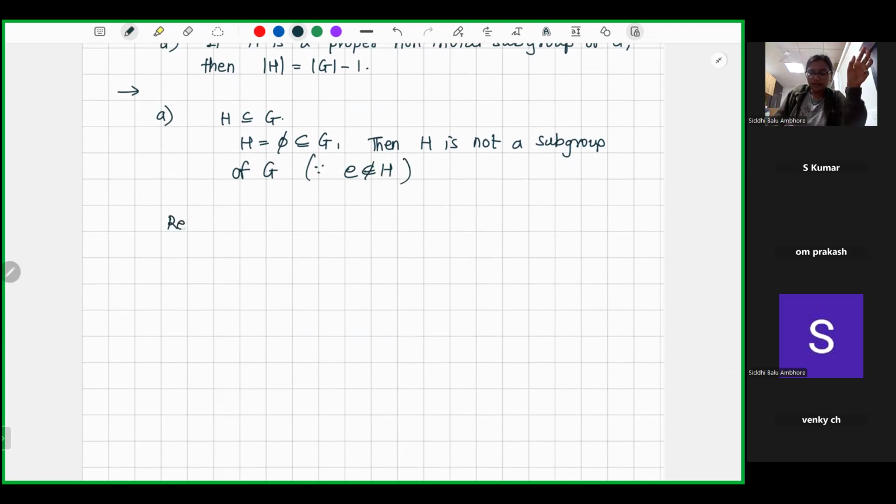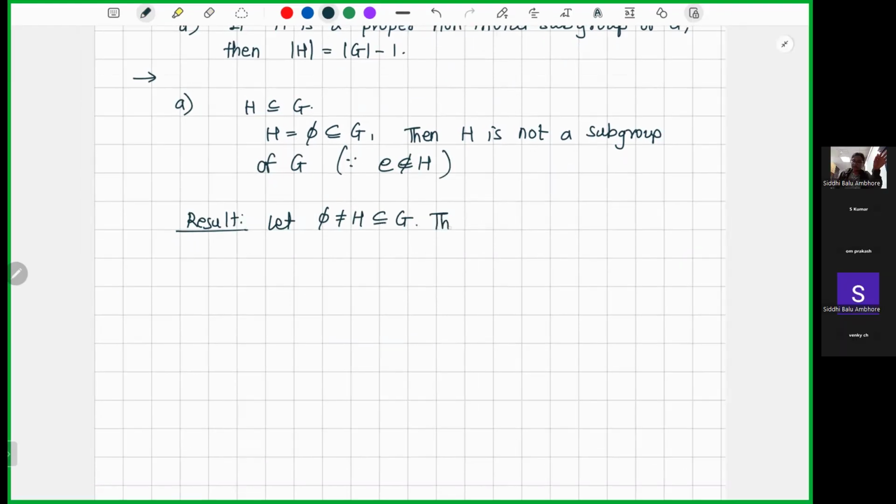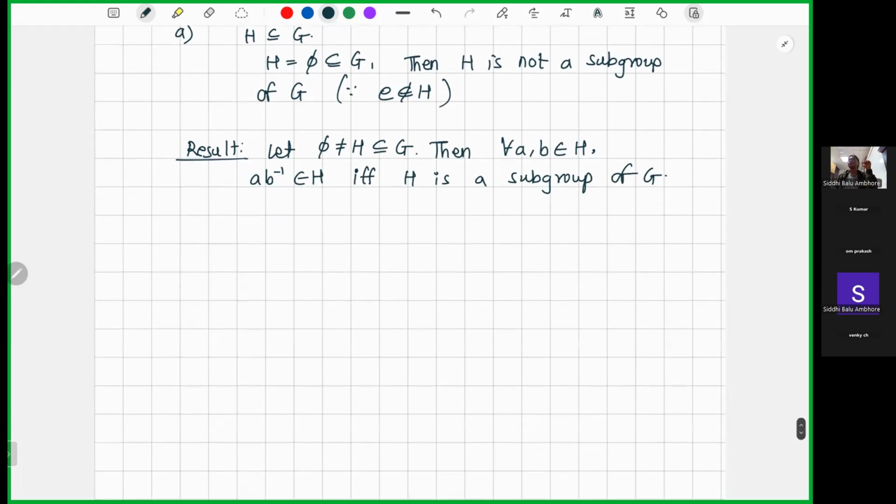But we have this result, theorem or proposition, whatever you want to call it, that if H is a non-empty subset of G, then for all A, B in H, AB inverse belongs to H if and only if H is a subgroup of G. This non-emptiness plays the role.